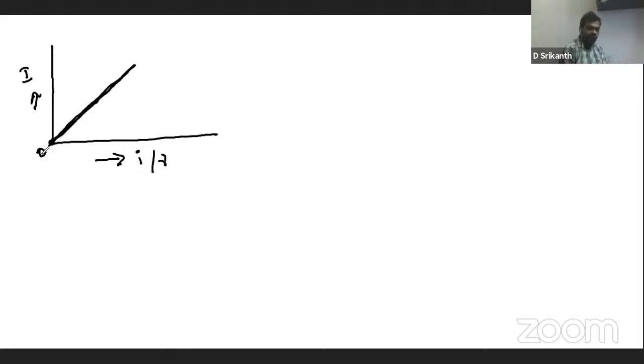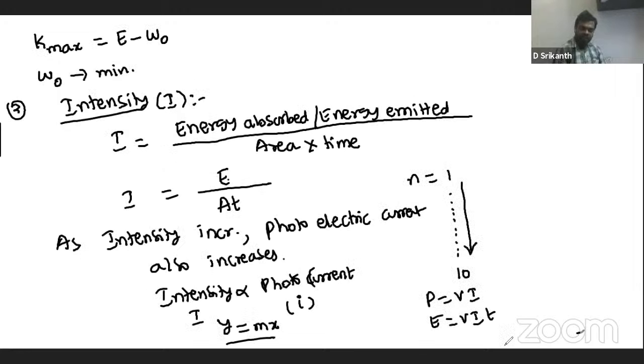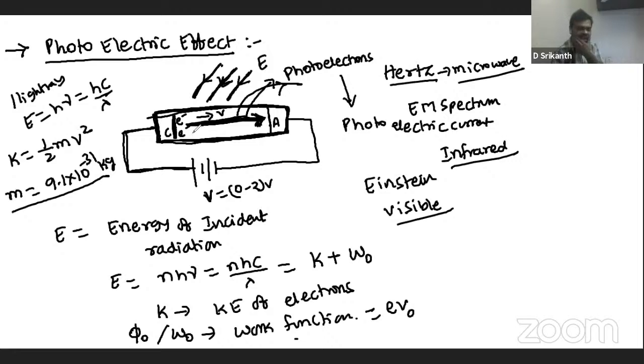But generally, whenever we incident radiation, for a very short time this cathode will absorb the energy, and thereafter electrons will be ejected. Whenever you switch on any electrical device, suppose a TV, if you observe carefully, every TV will take a minimum time of 15 to 20 seconds.